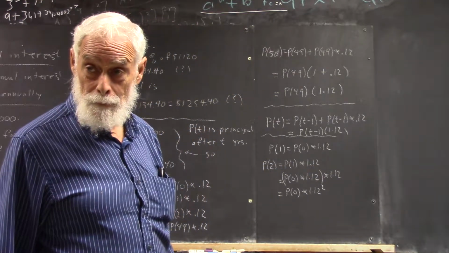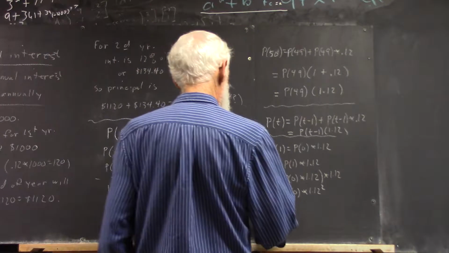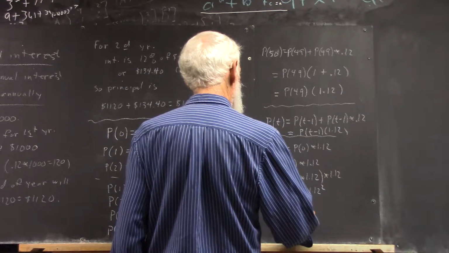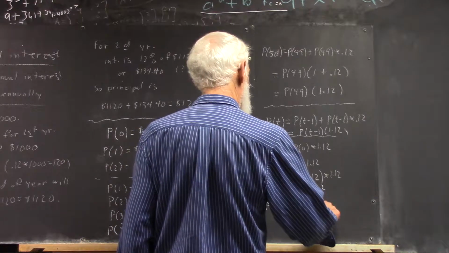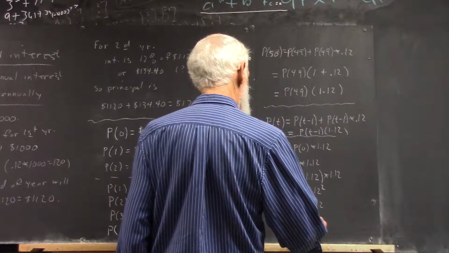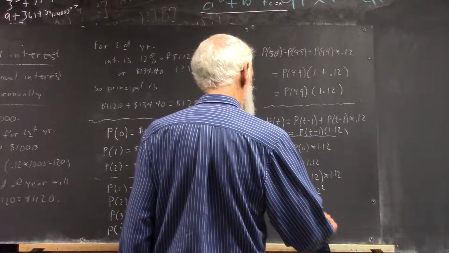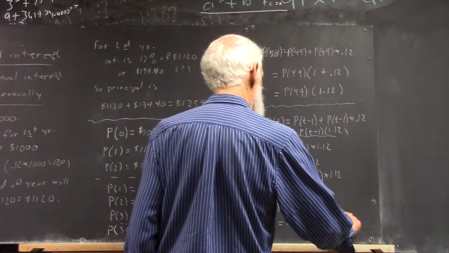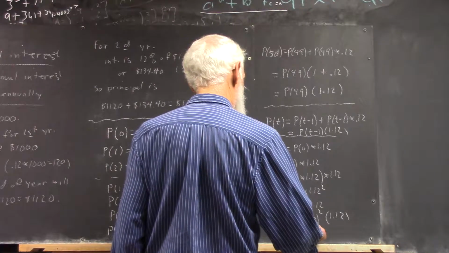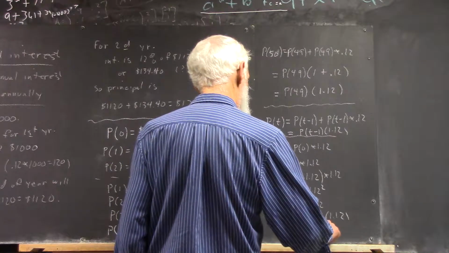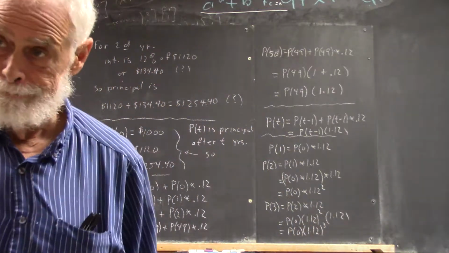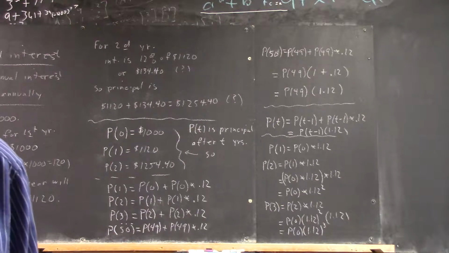So P of 3 equals P of 2 times 1.12 equals P of 0 times 1.12 squared times 1.12, which is P of 0 times 1.12 cubed. Okay?